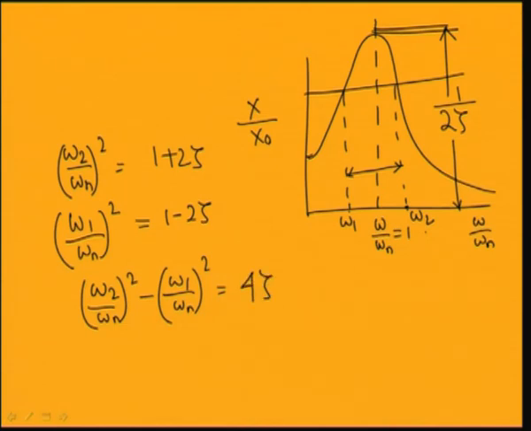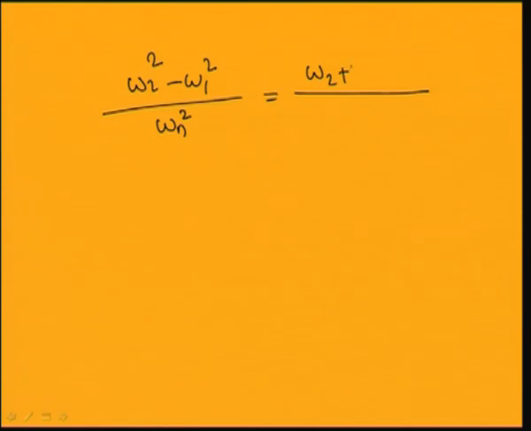So, this thing you can expand. By expanding this you can write this as omega n square times (omega 2 square minus omega 1 square) by omega n square. So, this thing you can write as (omega 2 plus omega 1) into (omega 2 minus omega 1) by omega n square.